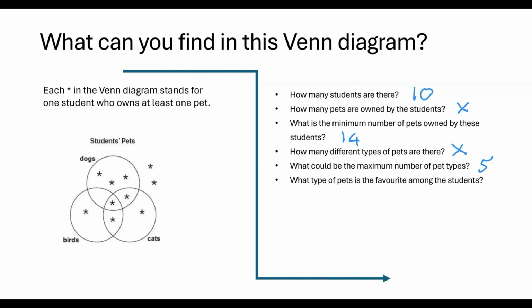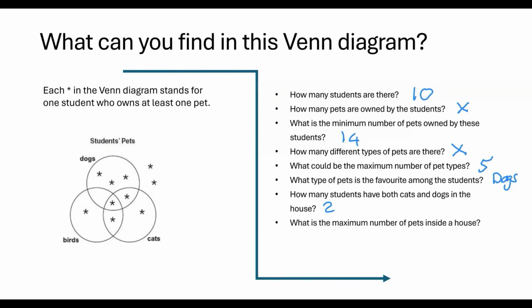So yes, the dog. Okay, so that's easy to answer. Now, how many students have both cat and dog in the house? That's also easy. The intersection between the 2 sets, cat and dog, gives you 2. So the answer is 2 students.